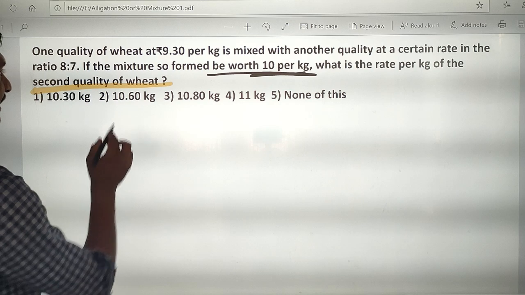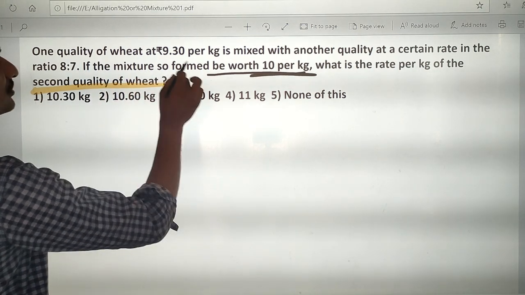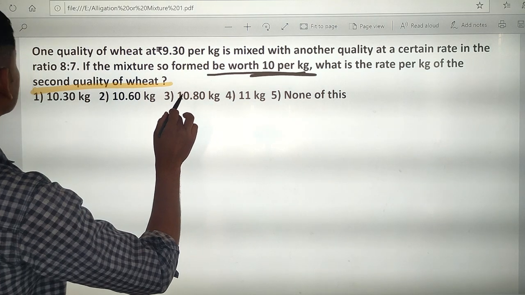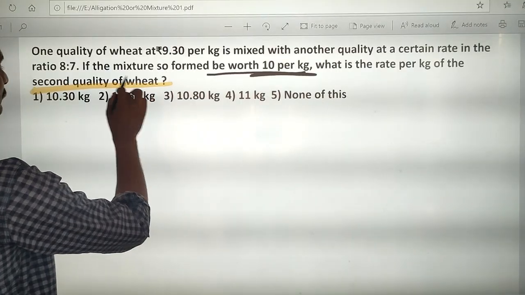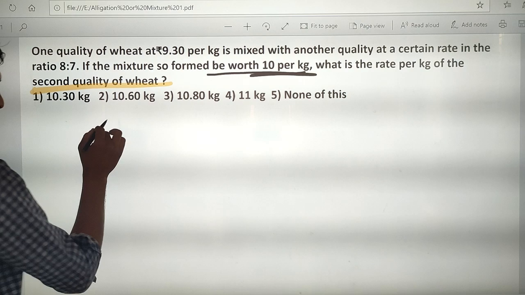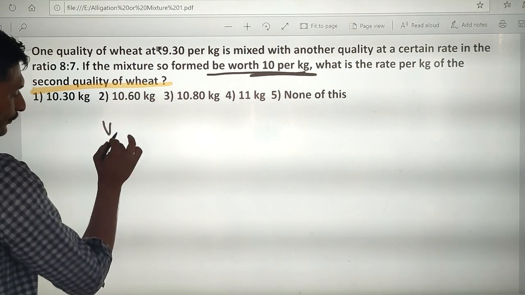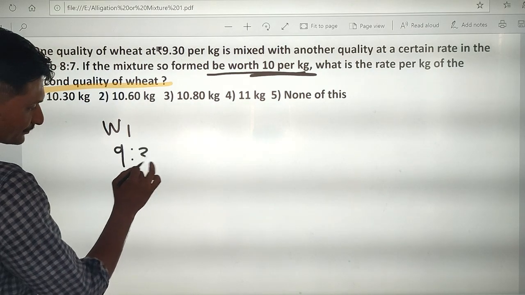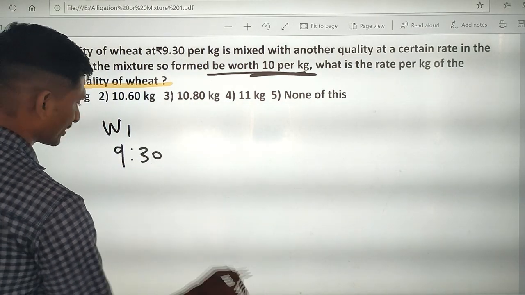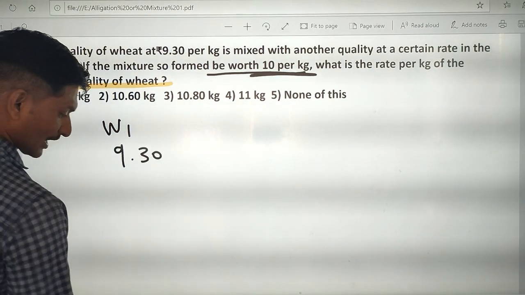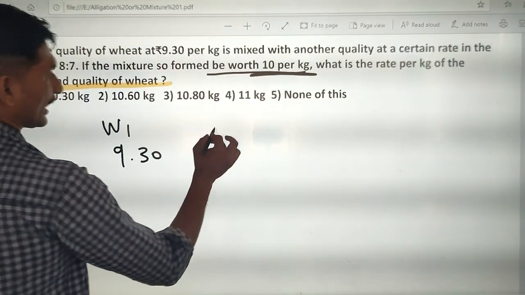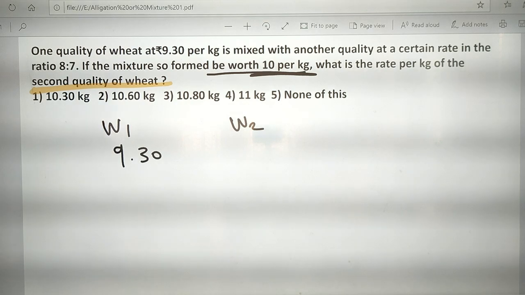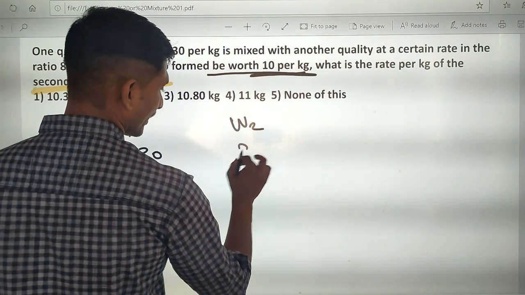Now here we write first quantity of wheat and second quantity of wheat. Wheat 1, W1, price is 9.30 and the price of the second wheat is x.